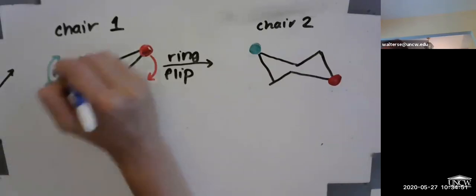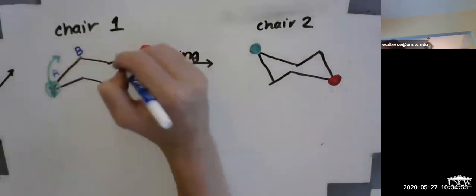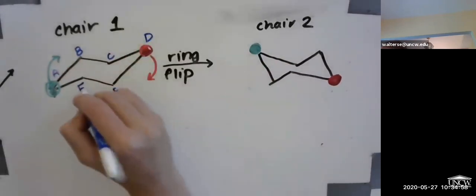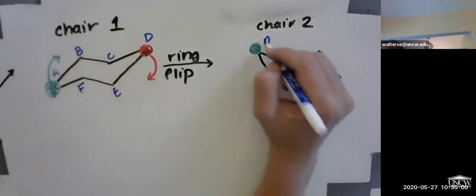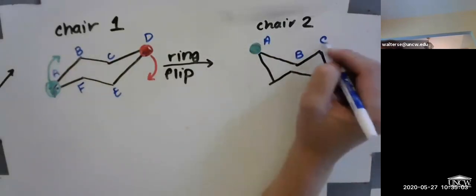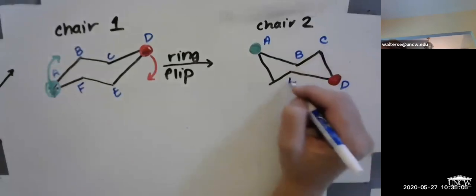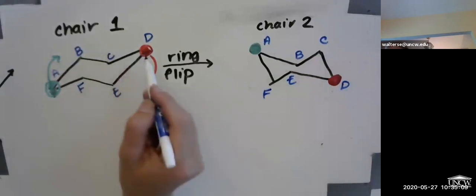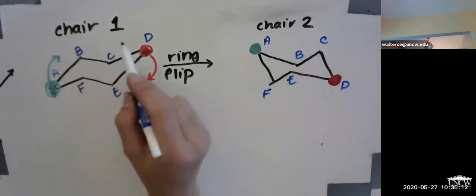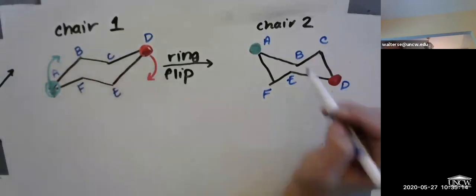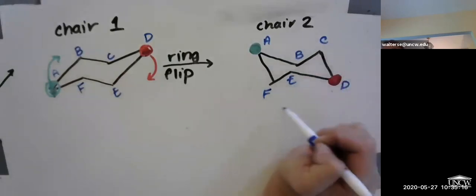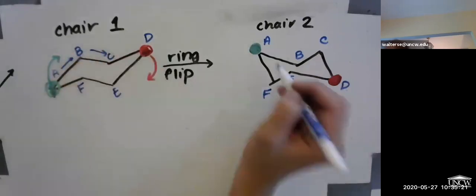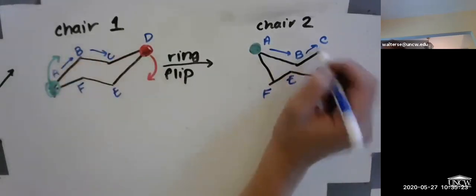So if this is A, carbon B, C, D, E, and F, this is A, B, C, D, E, and F. If you go in this way, clockwise, to identify the carbons, then over here you have to go clockwise. Okay, so I went in this direction, A to B to C, A to B to C.